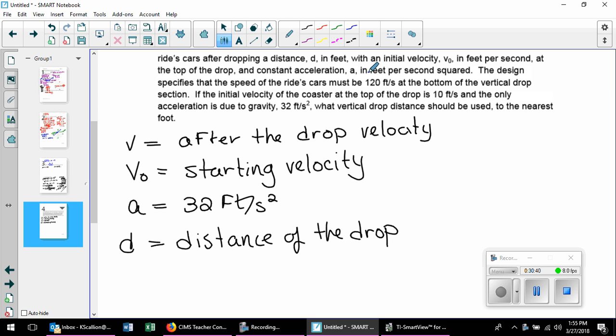So what is, in all that junk, what's V? What's the end velocity? Has to be 120 feet per second. I'm sure there's a math tableau that you can't see either, but that's not this question's problem. What's the initial velocity?